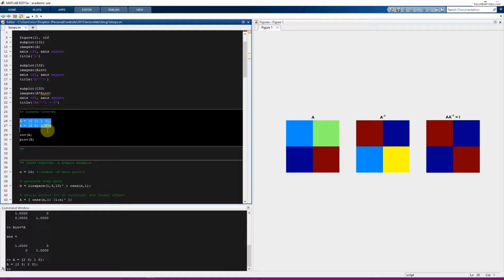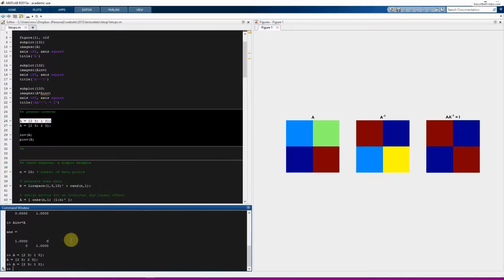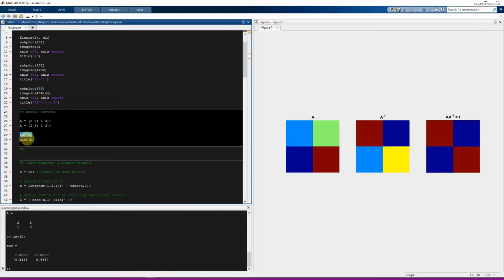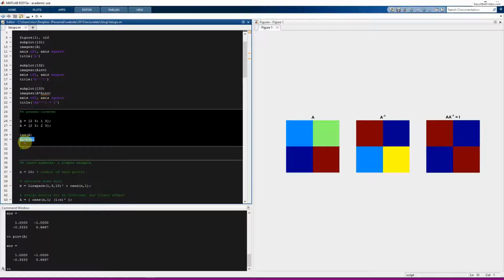So if you have a full rank matrix, which is what we start with, now A is a full rank matrix. You can see this column is linearly independent from this column. And now we compute the inverse of A or the pseudo-inverse of A. Those are the same thing because this is a square matrix with full rank.